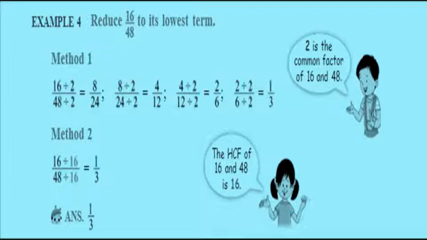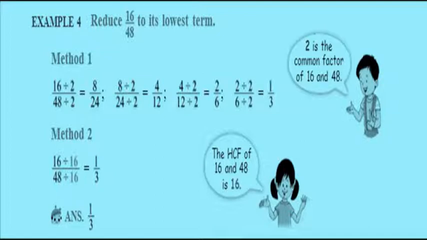So 8 divided by 2 and 24 divided by 2 will give you 4 by 12. So 4 by 12 you can again divide with 2 both in the numerator and the denominator. Then you get the fraction as 2 by 6. So again you divide 2 by 6 with the common factor 2. So 2 divided by 2 and 6 divided by 2 will give you 1 by 3. Let us see the method 2.